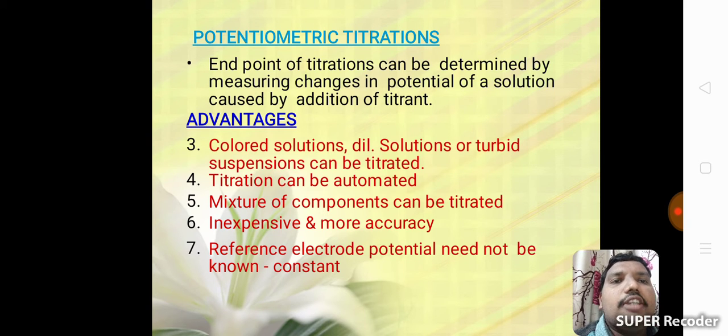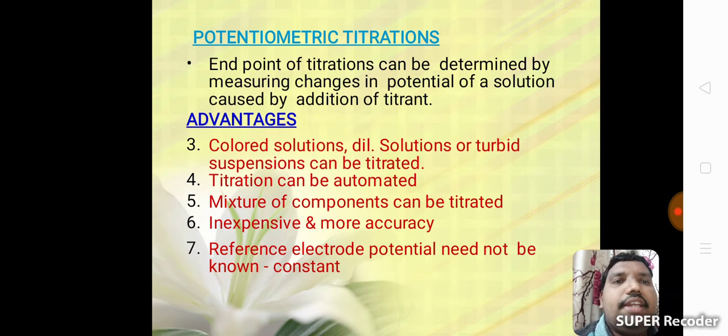Titration can be automated. Mixtures of components can be titrated. Inexpensive and more accurate. Reference electrode potential need not be known constant.